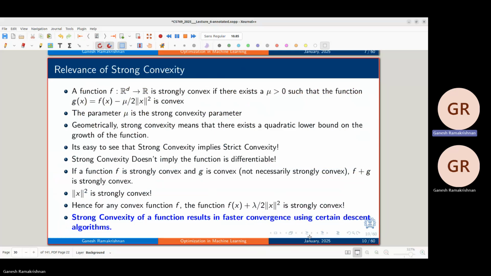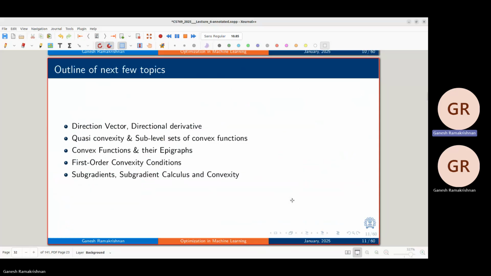And we'll see that strong convexity is interesting because it results in faster convergence using certain descent algorithms, which are designed for strong convexity. This is an example we saw: hinge loss plus L2 norm is strongly convex. Which means that if a loss g(x) is convex, we can derive a strongly convex loss just by adding a regularizer which is strongly convex, like the L2 norm.